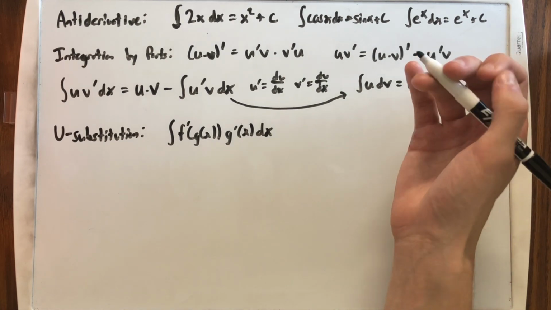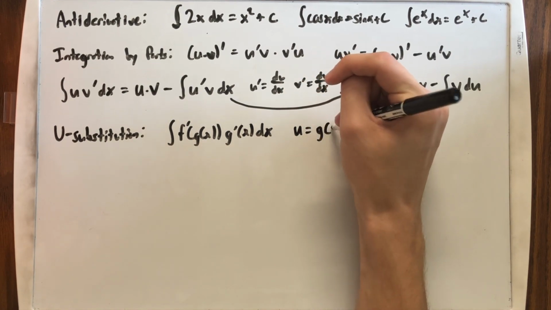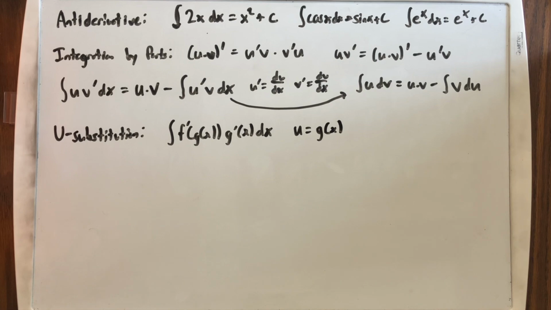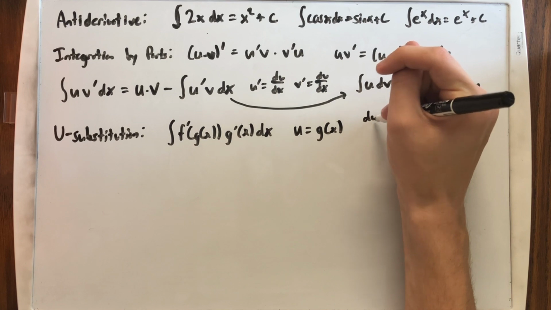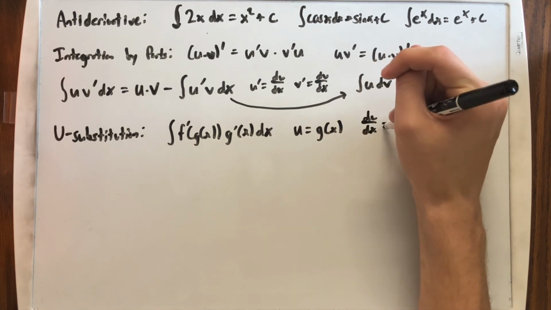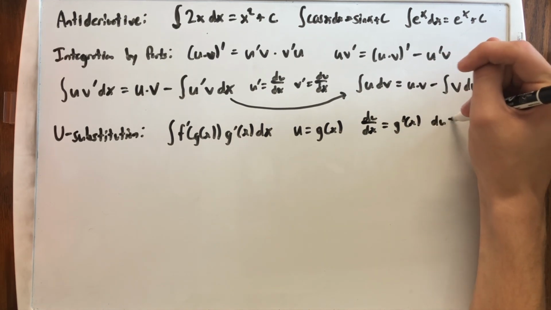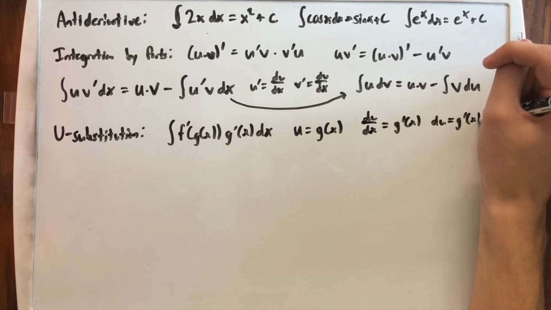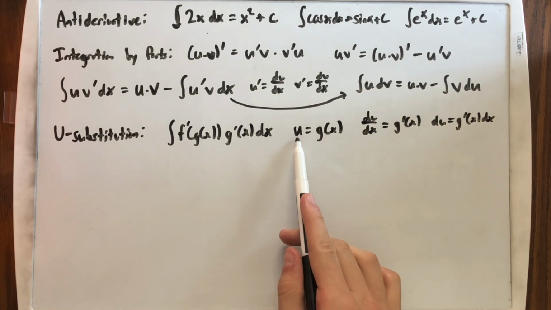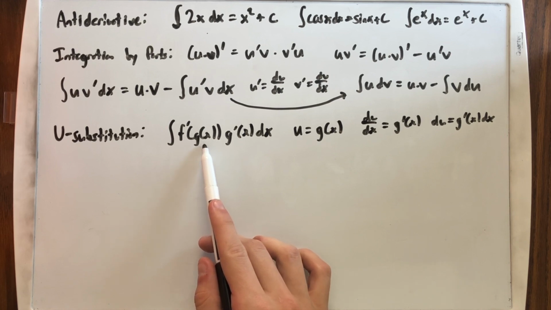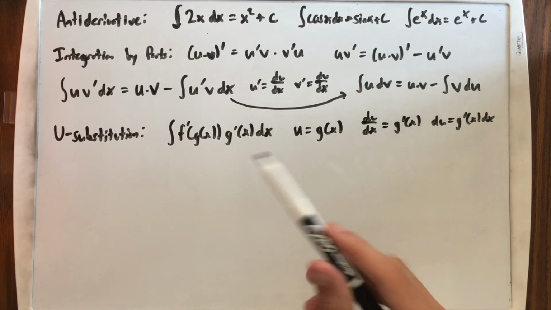So, in order to find this, you would take some arbitrary variable u and set it equal to g of x. If you differentiate this, you get du dx is equal to g prime of x, which can be rewritten like this. And now you can see that here we can plug in u into the middle of this function, and we can plug in for g prime dx just du.